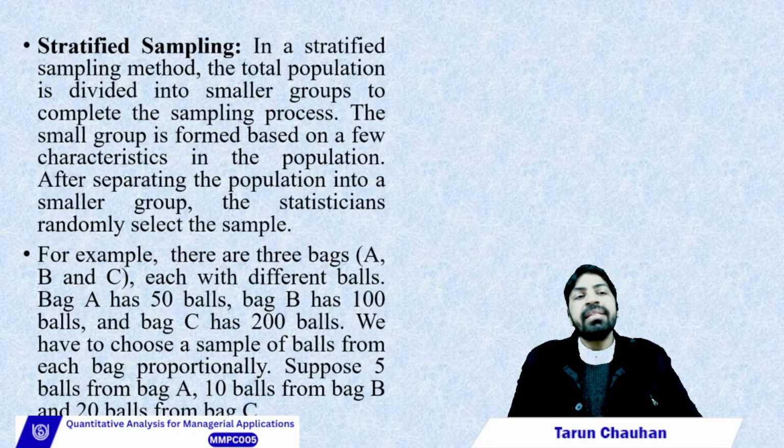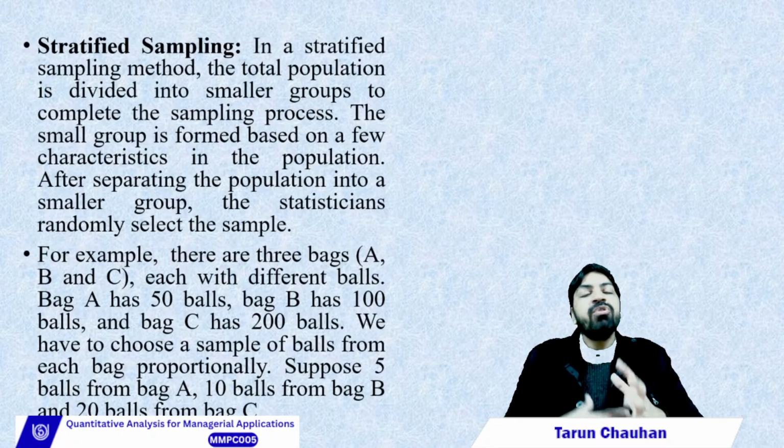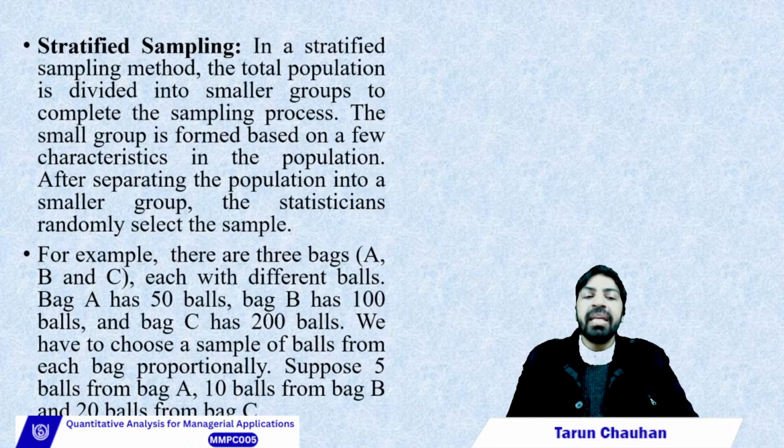Let's take an example to understand this particular type. There are three bags A, B, C, and each bag has a different number of balls. Bag A has 50 balls, bag B has 100 balls, bag C has 200 balls. We have to choose a sample of balls from each bag proportionately.